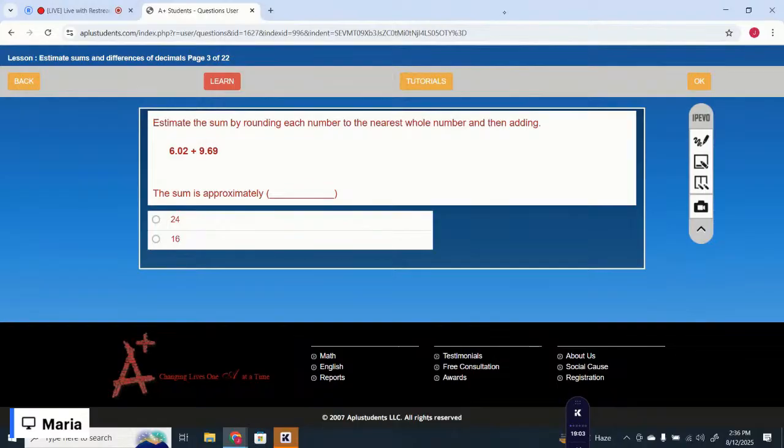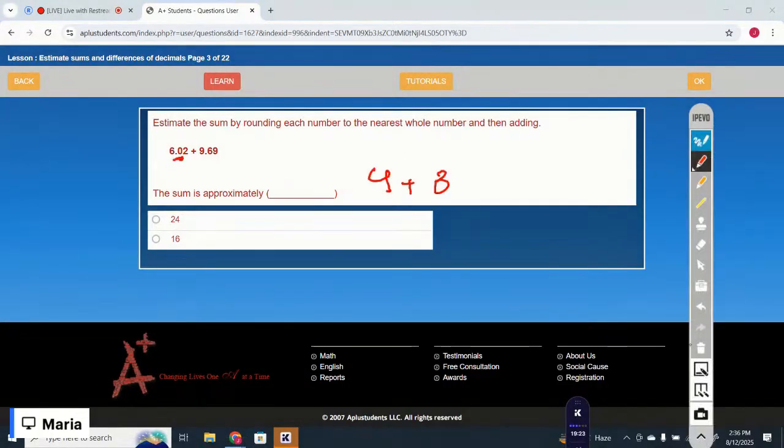Estimate the sum by rounding each number to the nearest whole number and then adding 6.02 and 9.69. So 6.02 is rounded to 6 and 9.69 is rounded to 10.